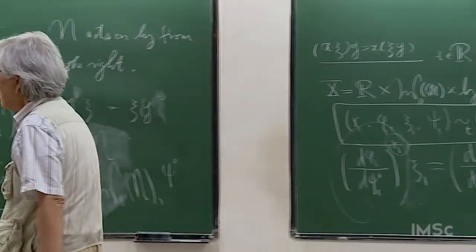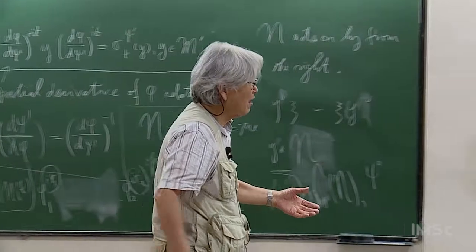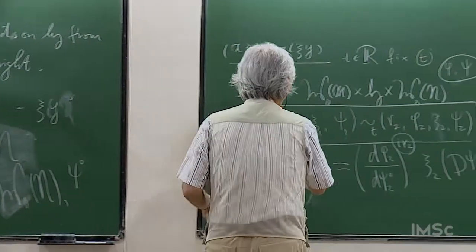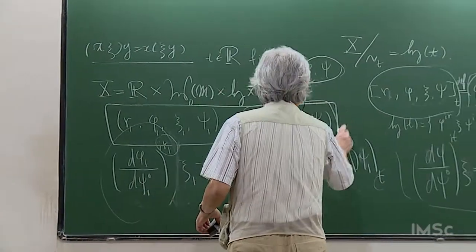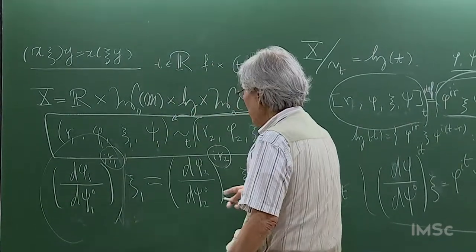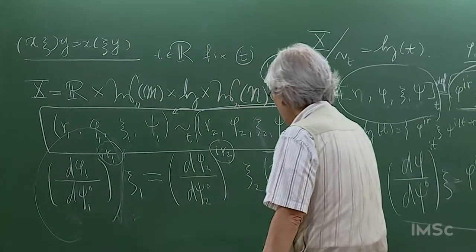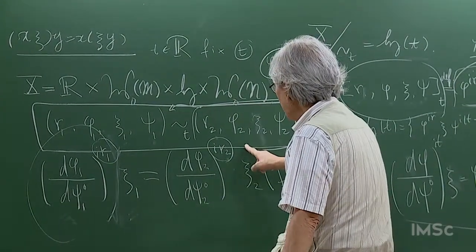And of course, this is a little exercise: when you have R1, R2, how do you write this down? Okay, this one is in this way, then this one.